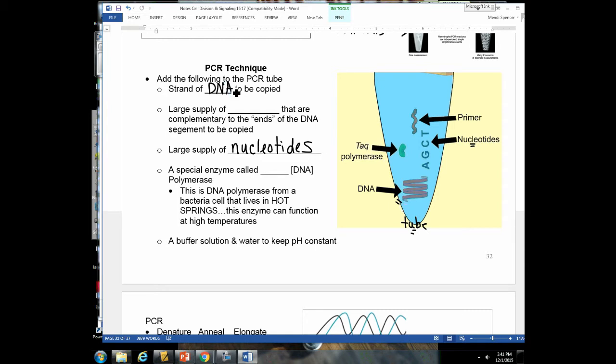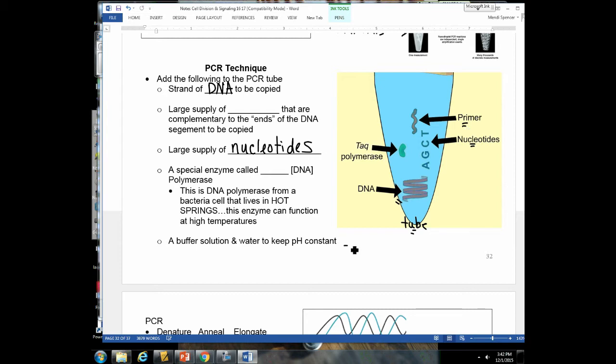Now, just like when we replicated DNA, we first had to build some primers so that DNA polymerase hooked on. So we can actually engineer primers. So we're going to build primers that will actually kind of section off the parts of the DNA that we want to copy.